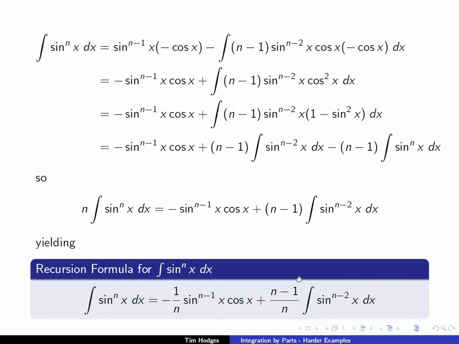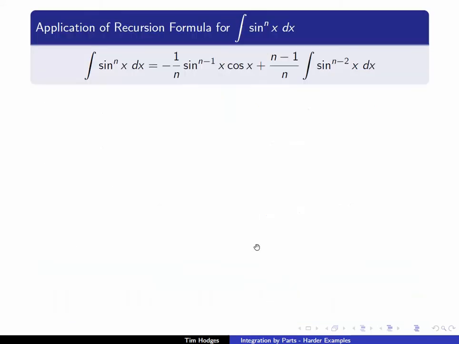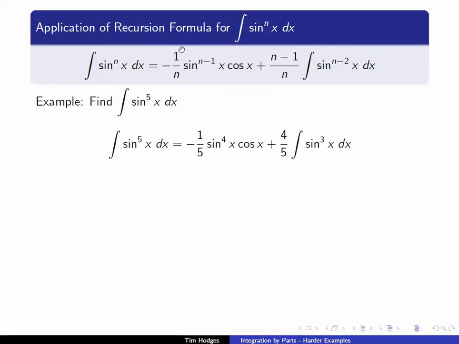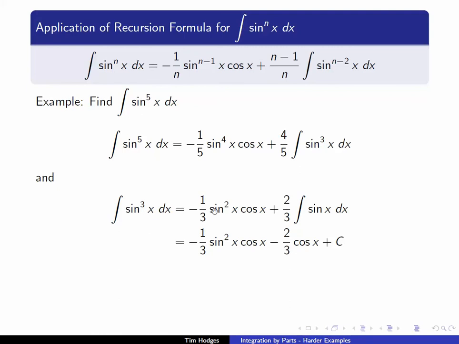Let's have a look at a quick example of that. Let's take the case n equals 5. So we write out this formula for n equals 5. It's minus a fifth sine to the 4th x cosine x plus 4/5 the integral of sine cubed x dx. So now we need to calculate this. So again, we apply the formula with n equals 3. And that gives us minus a third sine squared x cosine x plus 2/3 the integral of sine to the power 3 minus 2, that's just sine to the power 1, or sine x.